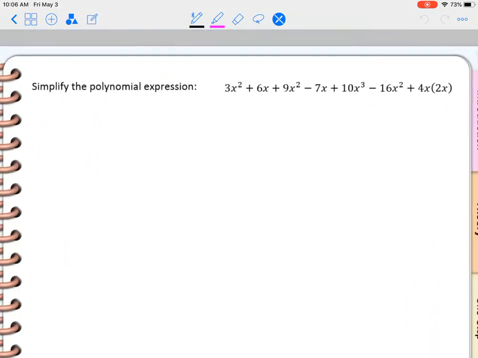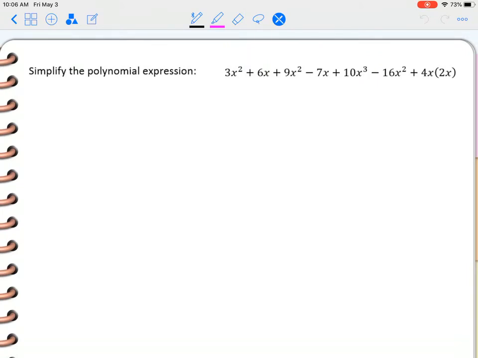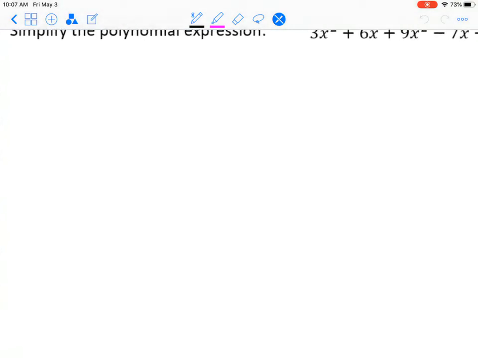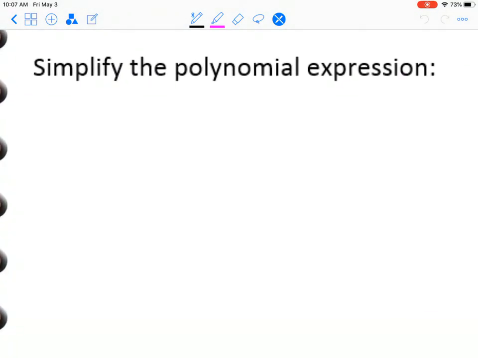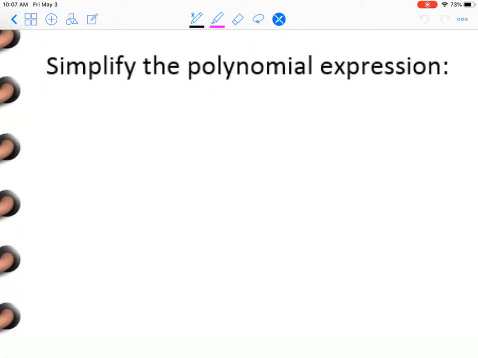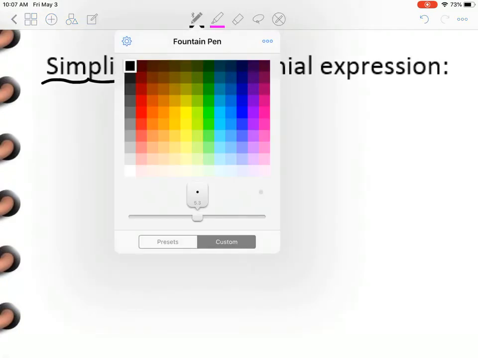Let me zoom in and we'll take a look at what we're asked to do. Simplify the polynomial expression. And they give me that big thing out there. I want to focus right here just a minute. Let's study these directions. The word simplify means to make simpler.